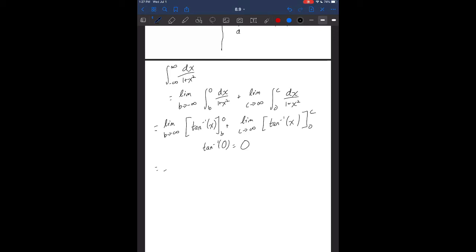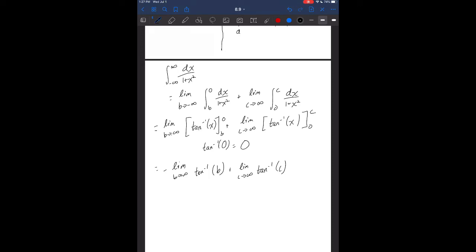So this means we actually have negative limit as b goes to negative infinity of tan inverse of b plus limit as c now goes to positive infinity of tan inverse of c.